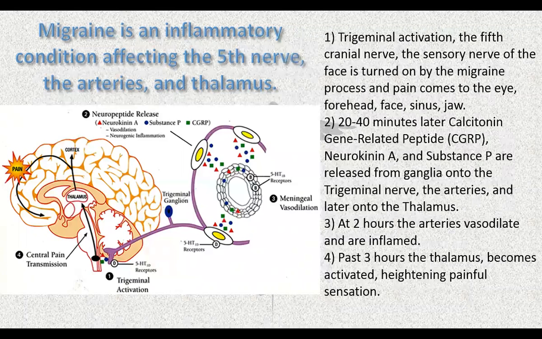Then there's a second stage where you're inducing changes in the thalamus that enhance the experience of the pain. In particular, CGRP is probably the most important of the messengers involved in this process for you to remember, just because those are that new class of anti-migraine medication that's just been approved this year.